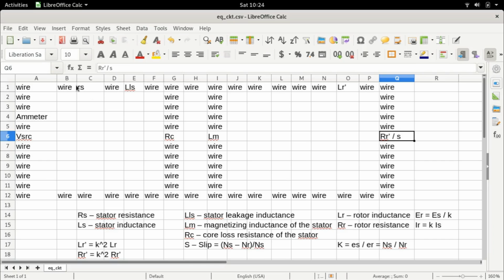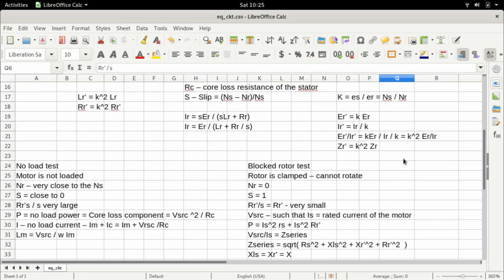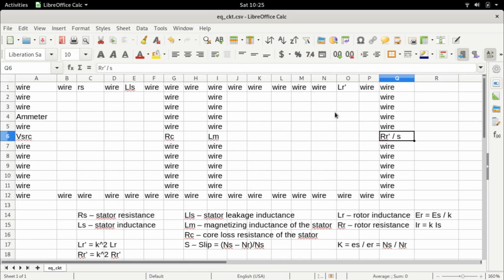We can measure the total power loss at the stator, and this total power loss is the total ohmic loss of the stator and the rotor, right? And at the same time, the voltage drops across the resistor and the leakage reactance, as well as the rotor inductance and the rotor resistance, will be equal to the drops when it is fully loaded. So this is how we calculate these parameters.